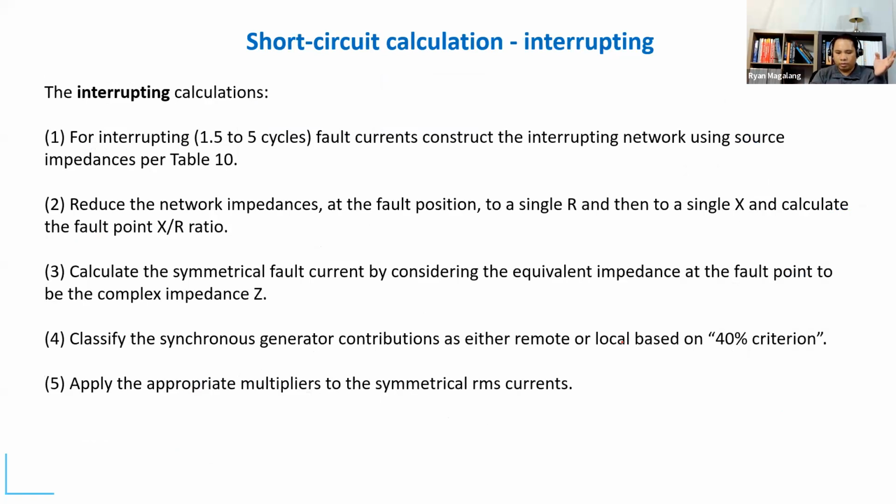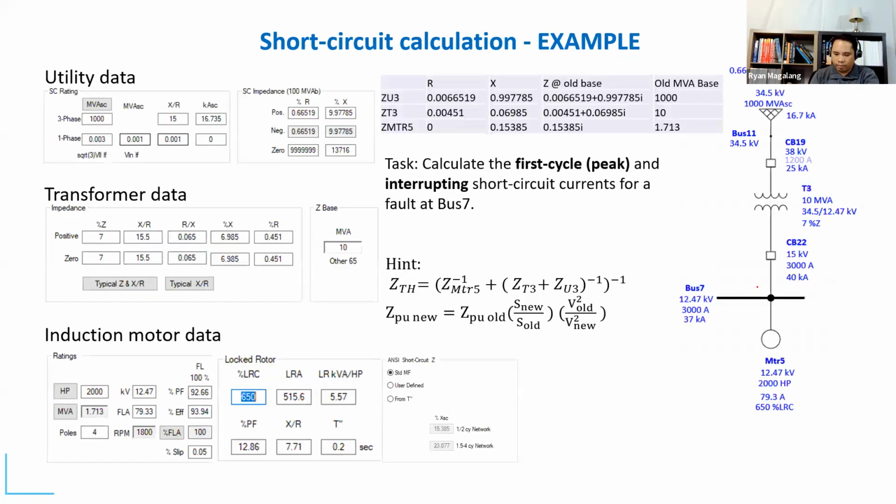That's the only difference. In fact, when we model here in ETAP, we have this example of first cycle. We're asked to analyze the first cycle, which is the peak, and interrupting short circuit currents at bus 7 here.